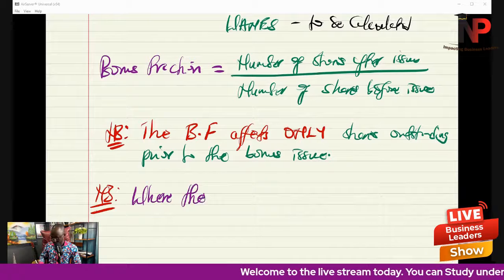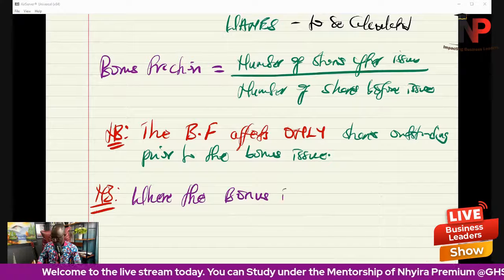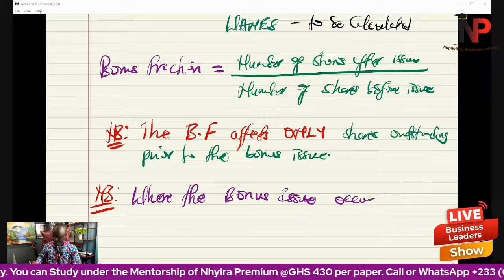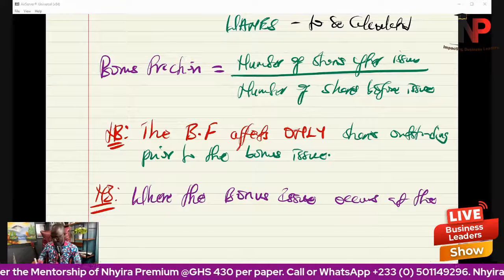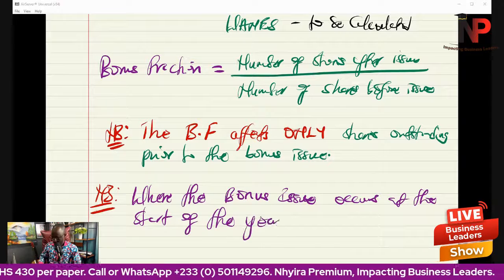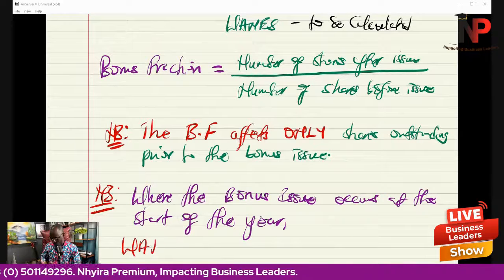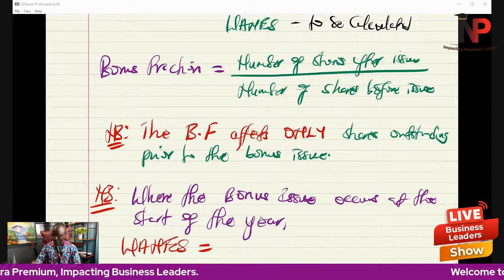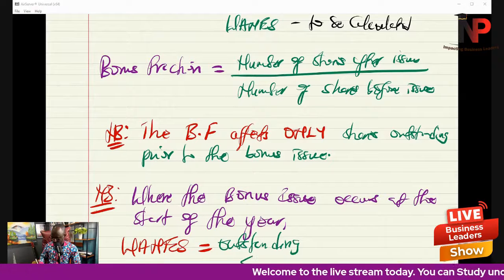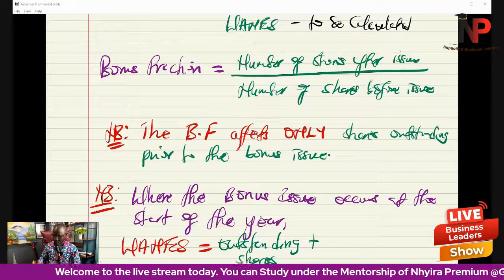So where the bonus issue occurs at the start of the year, our weighted average number of equity shares will be equal to the outstanding shares plus the bonus issue.